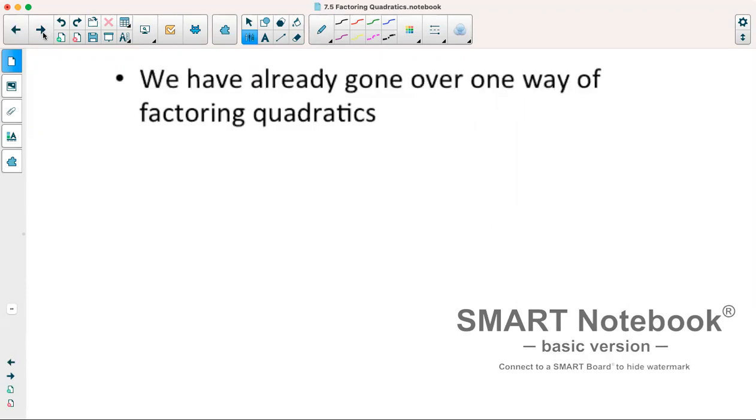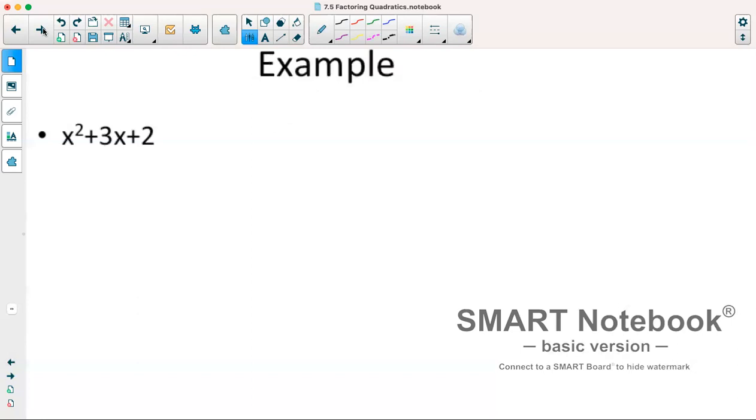So like we mentioned, we've already gone over one way of factoring quadratics, which was our product sum rule. Okay, so this first one, we have a product of 2 with a sum of 3.